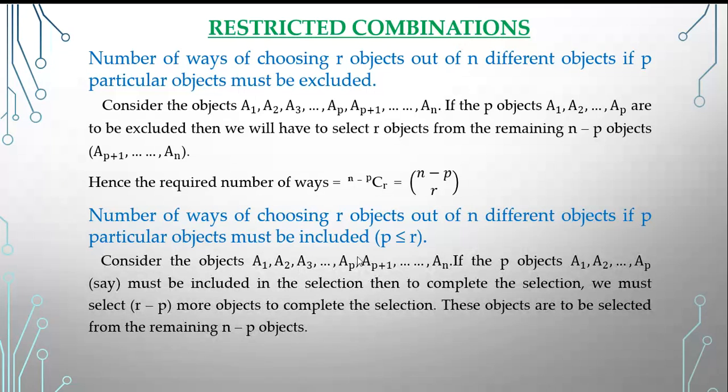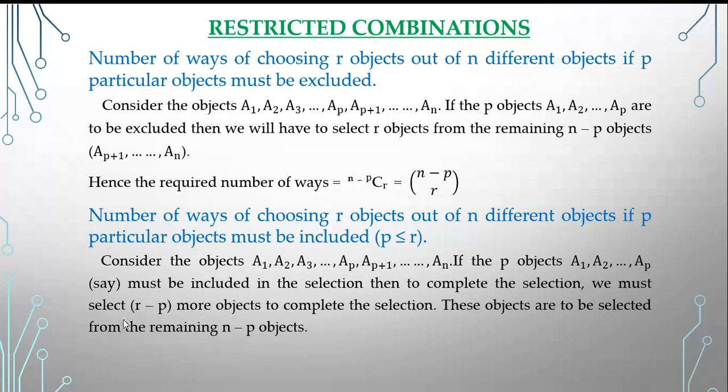Here suppose we have a total of n different objects, and p particular objects a1 to ap that we have to include. When we calculate the total number of ways of choosing the r objects, we have to select r minus p more objects to complete the selection.